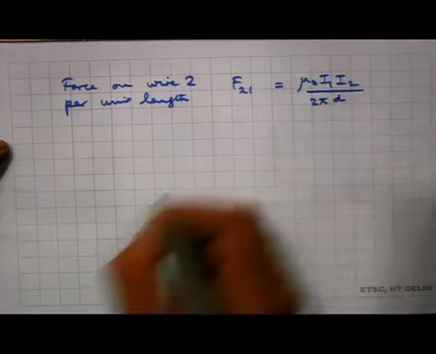Now, what is the force on wire 1 because of wire 2? For this I need to know the magnetic field because of I2 at this place, and knowing the length L here. So, if I have a length L again here, I can calculate.